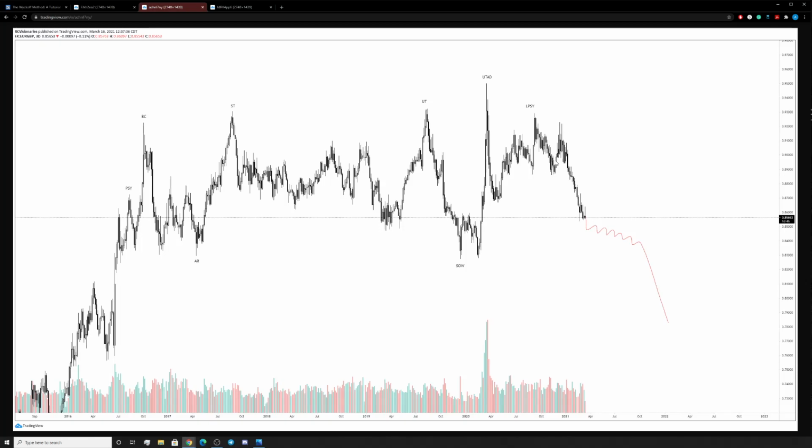After that, we came back, gave unwillingness to take out the previous high, and inevitably that is bringing price down. So now we're essentially anticipating price to come back into these relative equal lows, give you that full SOW, and then give you an LPSY, which will then give you a very, very big move to the downside. So very interesting to see.